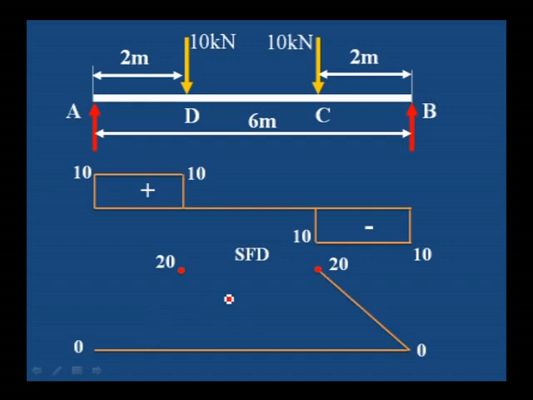Next, draw a straight inclined line from B point to C point, and then from C to D the bending moment is constant. Then from D to A, from 20 kilonewton meter it becomes 0. This is the diagram for bending moment. We can observe that bending moment is constant from C to D.